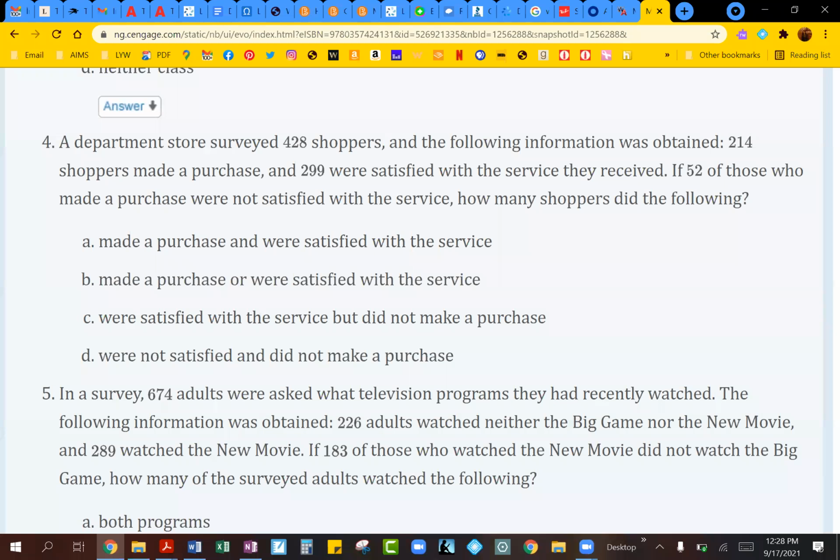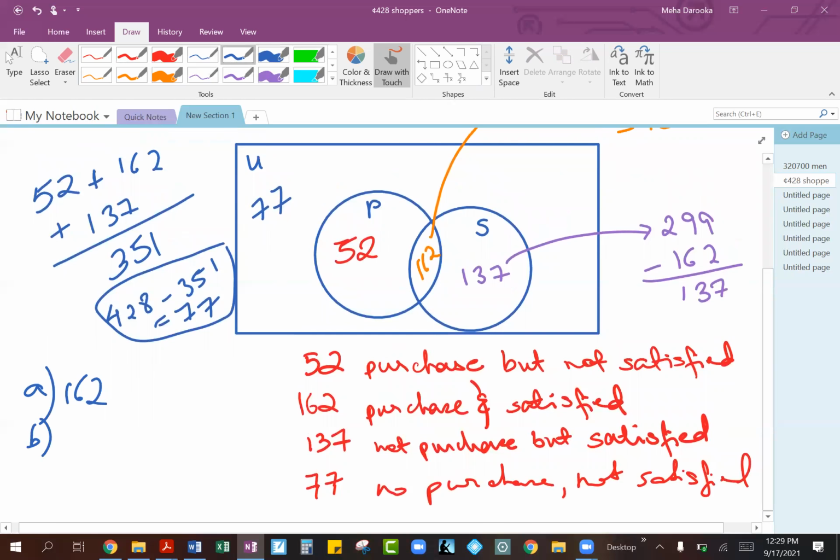Okay, part B is saying made a purchase or were satisfied. So this is a union. They made a purchase or they were satisfied with the service. So remember, this is or, which means they made a purchase or they were satisfied or both. 351.